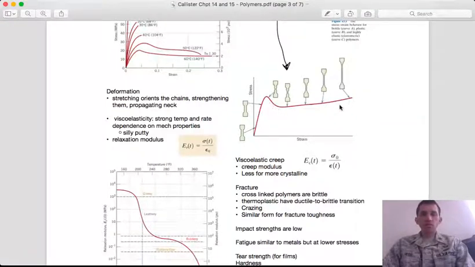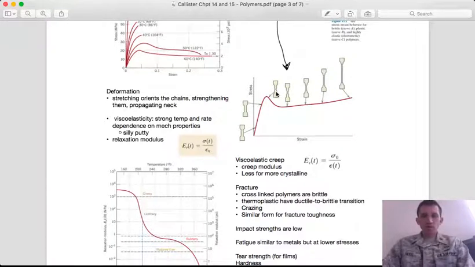Here, you can get very high levels of strain because in some polymer systems, as you are deforming this gauge section here, that actually strengthens the material to the point where it no longer becomes the weak point, despite it having a smaller cross section.